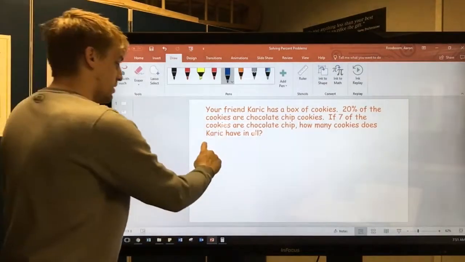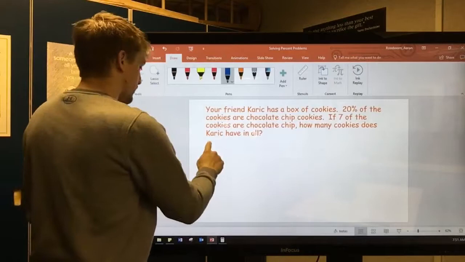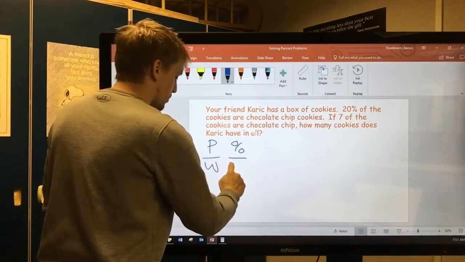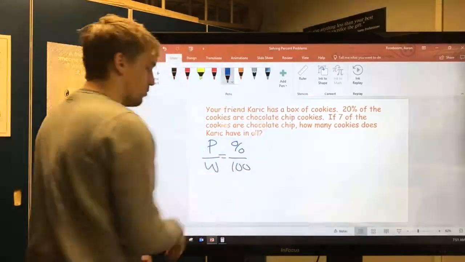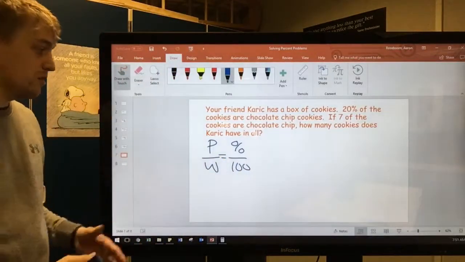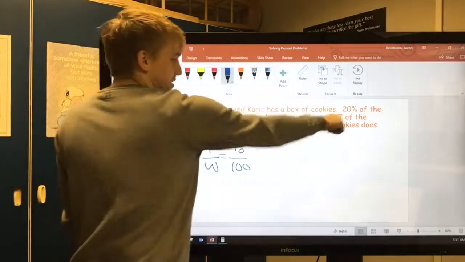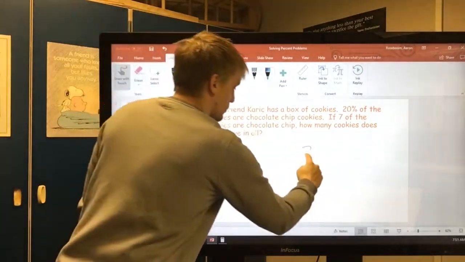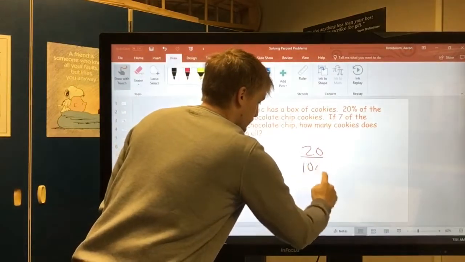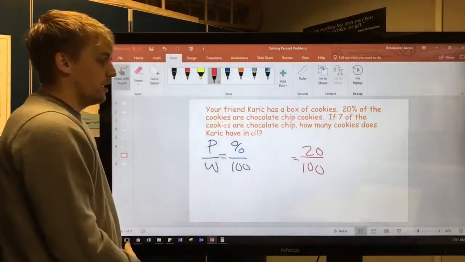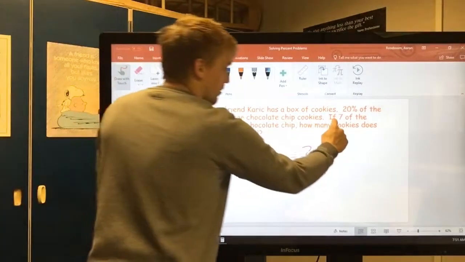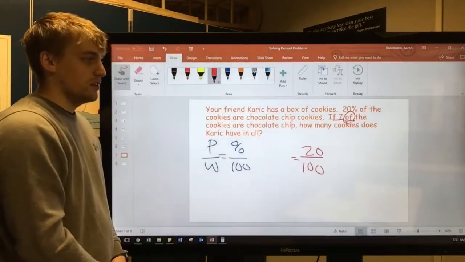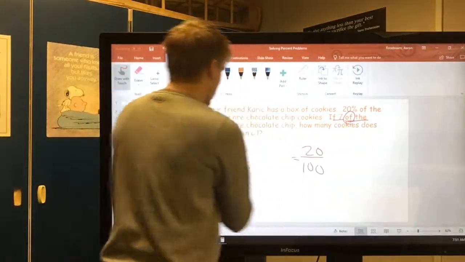So we're going to use part percent whole, so I'm going to write that down. Part percent whole equals 100. Okay, you write that the same way every time, no matter the problem. Okay, immediately I see the percentage, so I'm going to plug that in. 20 over 100 equals, if 7 of, remember we talked about of the cookies, of and anything after that is probably the whole.